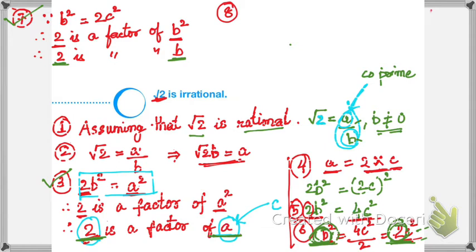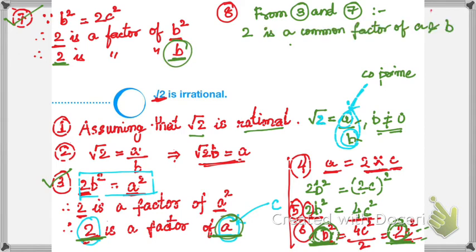That means in step number 8 you will write that from step number 3 and from step number 7 we can write that 2 is a common factor of both a and b. So this is our contradiction.